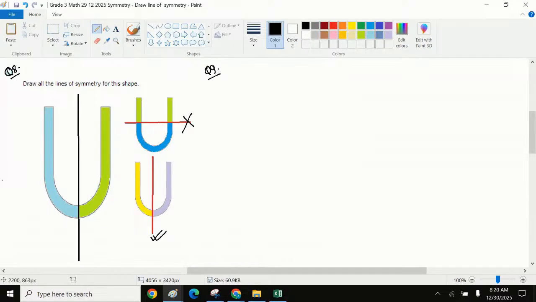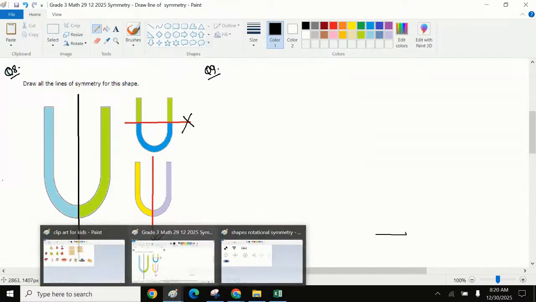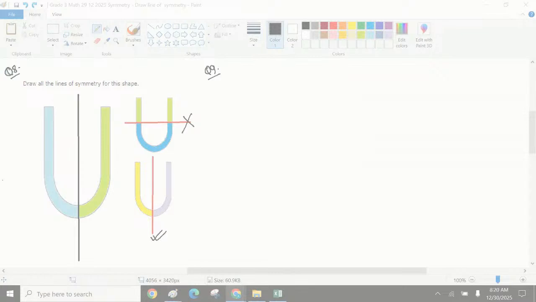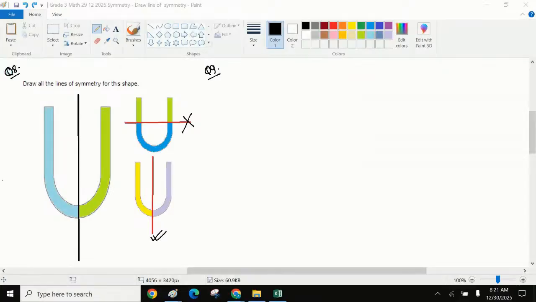Let's see what question number 9 states. I'll just copy the question. Okay, we have a smiley face again, right? Let's look at a smiley face, and then we'll pick up some difficult shapes after this.